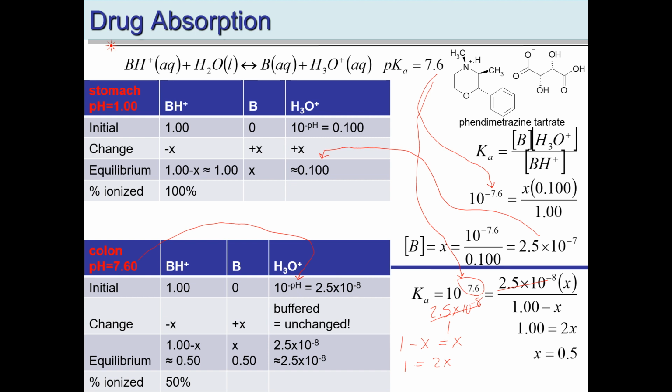Now it will still be absorbed, but it'll be slow. Okay, why would it still be absorbed? Why wouldn't just half of it be absorbed? Because remember, the ionized piece is soluble. And so you would say half of it is soluble, so half of it is going to go into the bloodstream. Why doesn't it stop there?